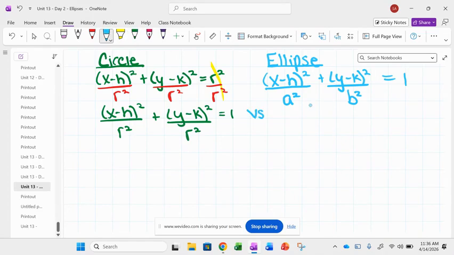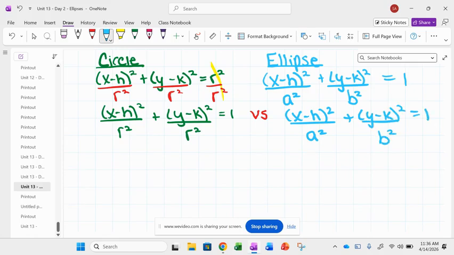Versus the ellipse, which I'll write again: x minus h squared over a squared plus y minus k squared over b squared equals 1. So now I have them both in the ellipse format. Tell me, how do they differ?